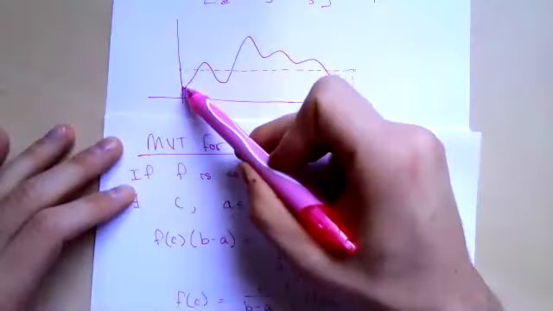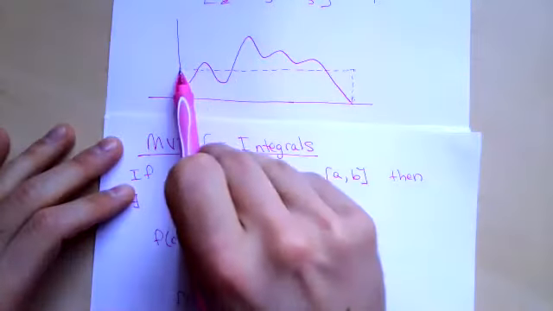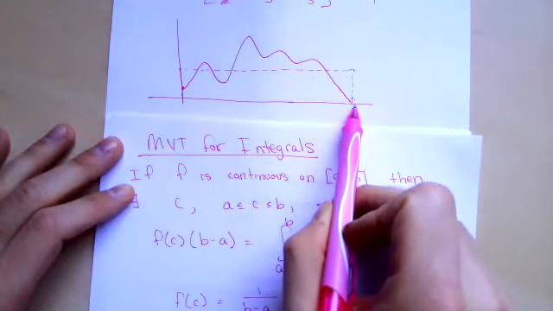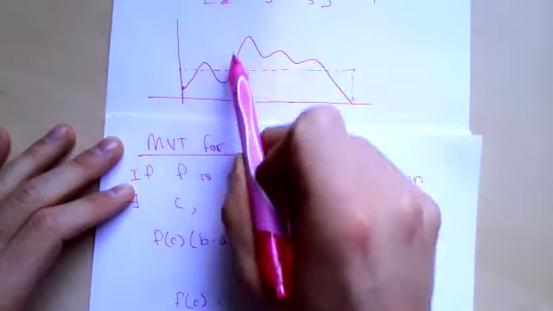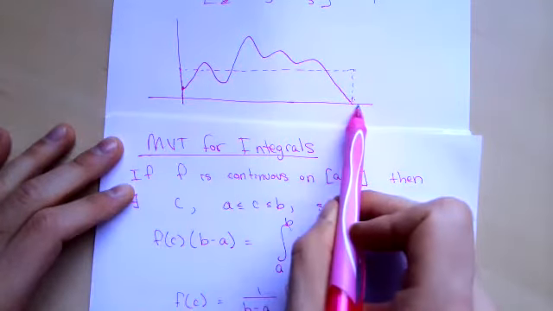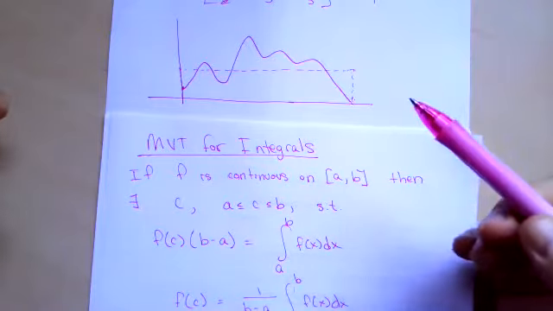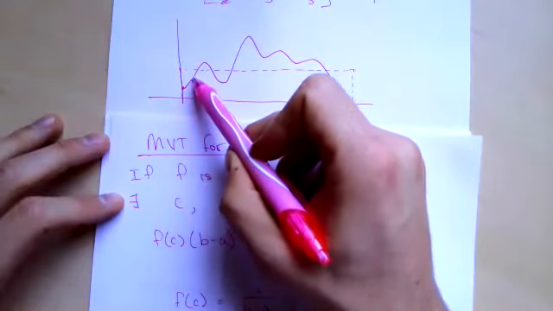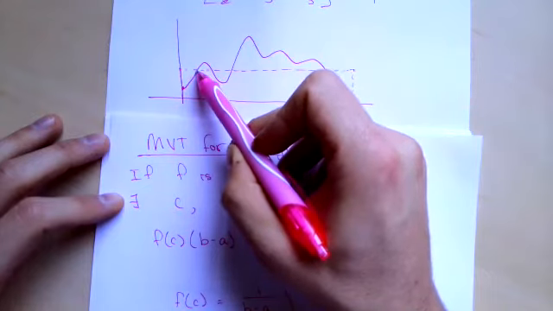Because my function is continuous, I'm not going to draw the average value box way up here. That wouldn't make any sense because the function never even gets that high. I wouldn't draw the box way below the function either, because the function may not be that low. There has to be some point, if I'm traveling along this function, where I actually reach the average value. That's all it's saying.